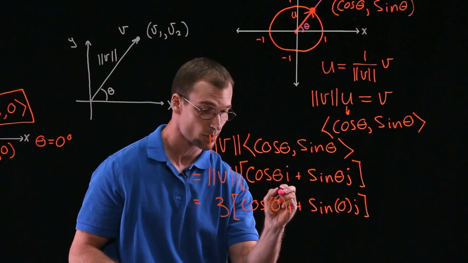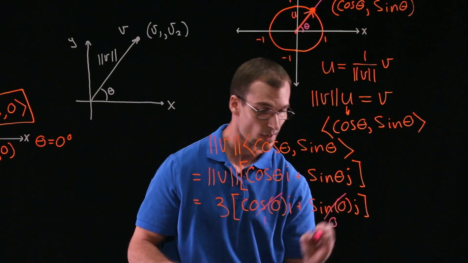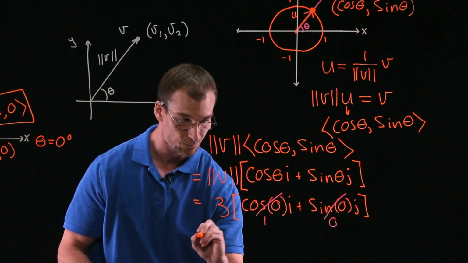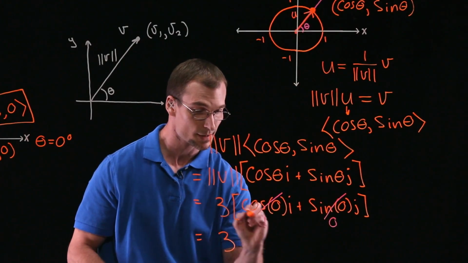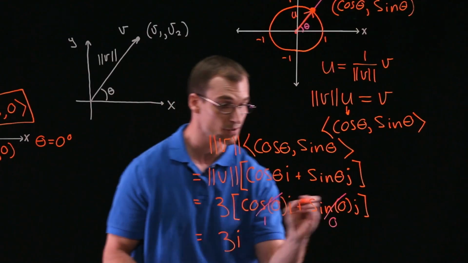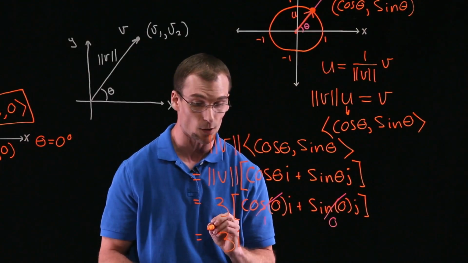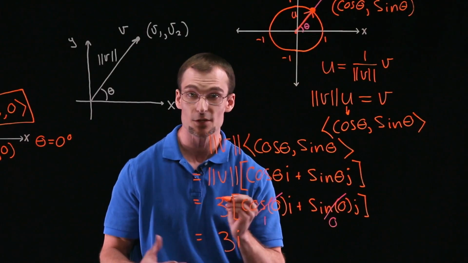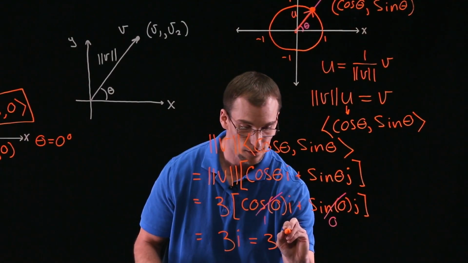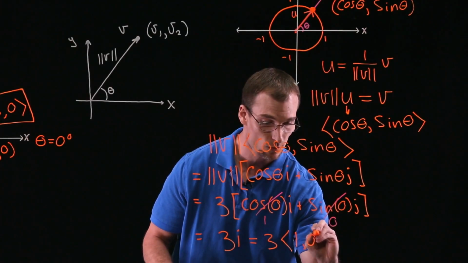Cosine of 0 is positive 1, and sine of 0 is 0. Now multiplying through with the constant 3, we get 3 times 1 times i, or just 3 times i, plus 0 times j, but 0 times anything, including vectors, is just 0. So this is just equal to 3 times the unit vector i, which has components 1, 0.